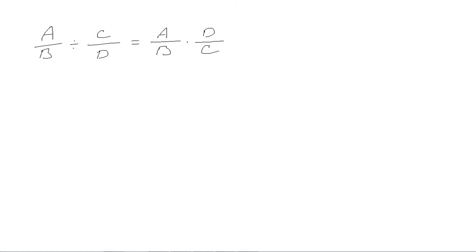You just swap the numerator and denominator, and then this is ad over bc. So the numerator is the product of the numerators and the denominator is the product of the denominators. So let's look at one example.